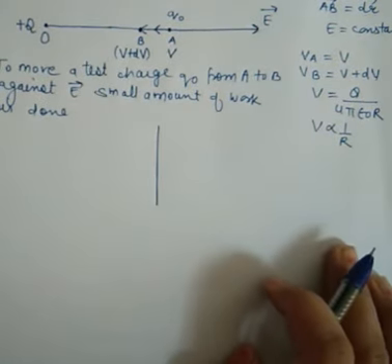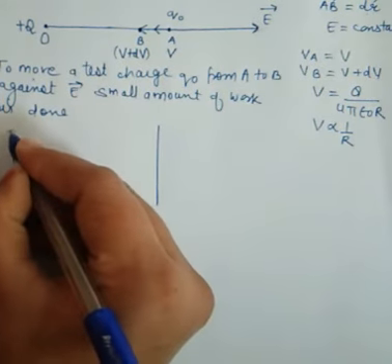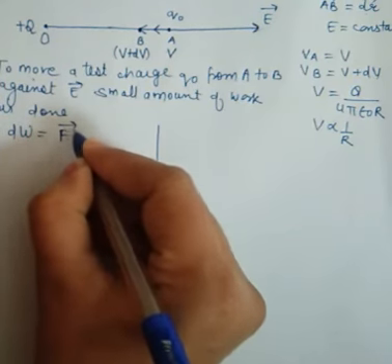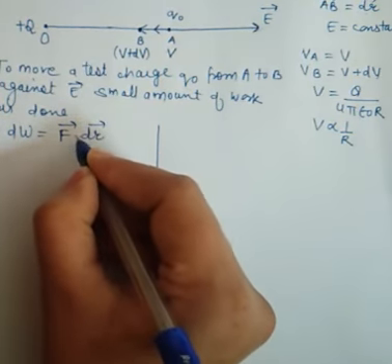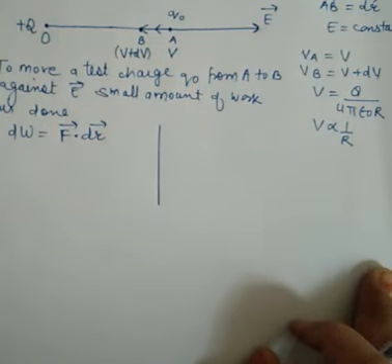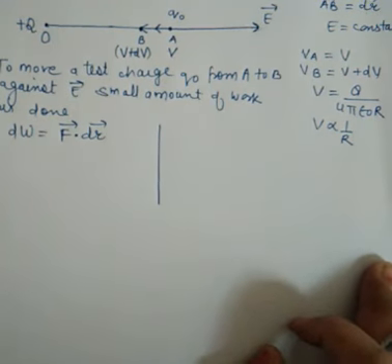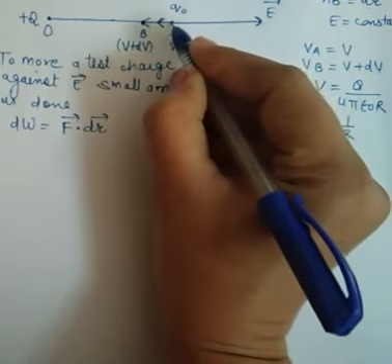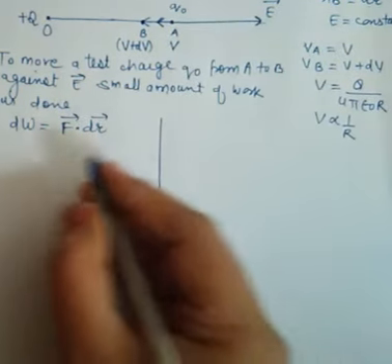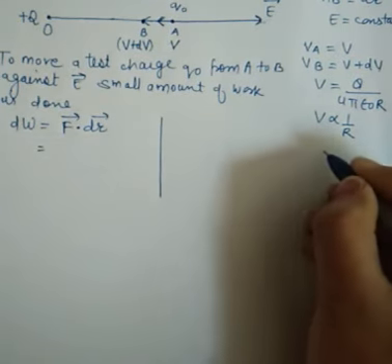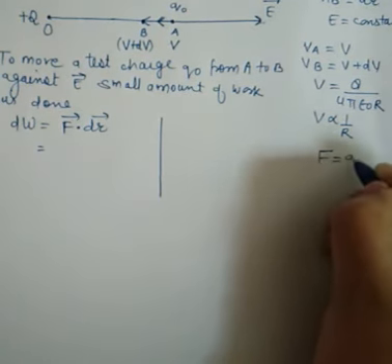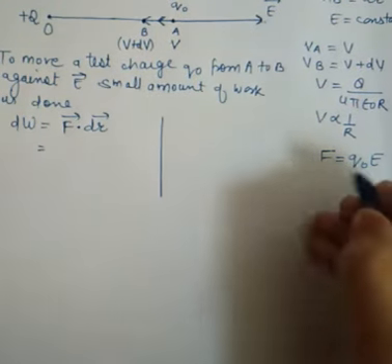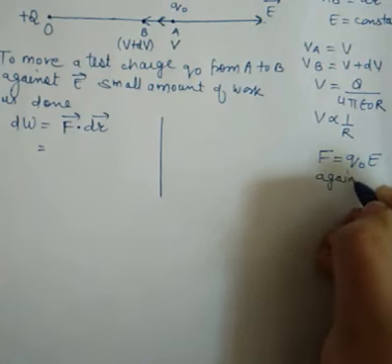Number one, what is the formula of work done? Work done is force into displacement. Now, what is the amount of force applied by us in moving this? That is equal to the electric force. So, what is the formula for force? F is equal to Q naught into E. But it is against the electric field.